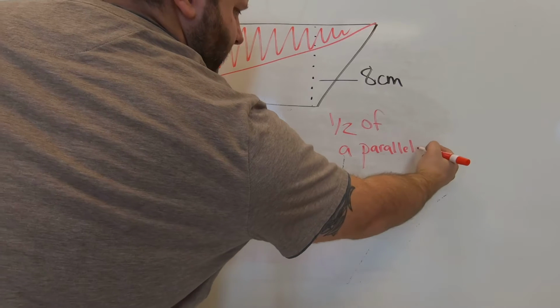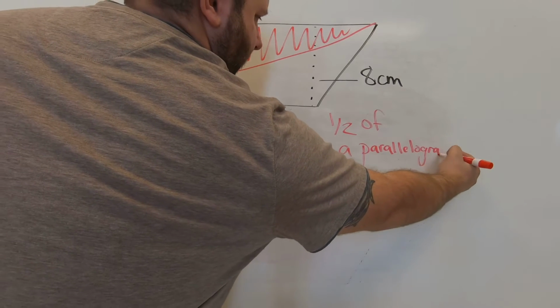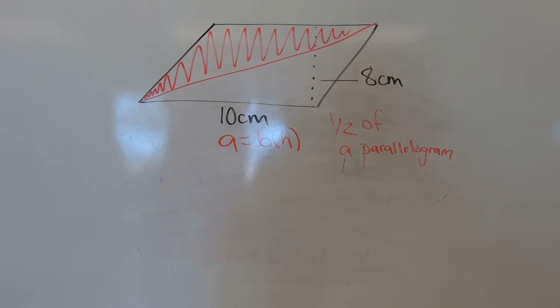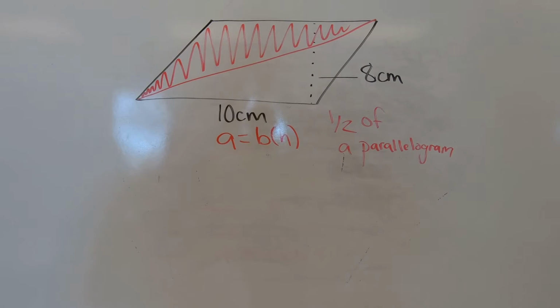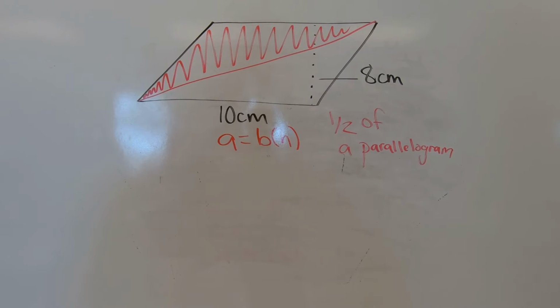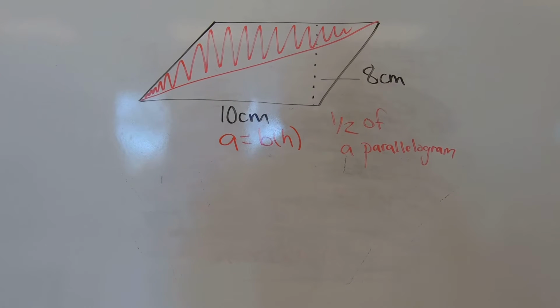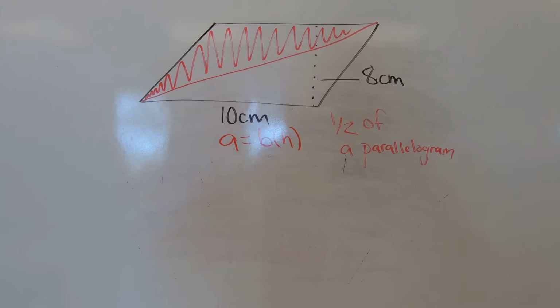That means if I find the parallelogram, half of it would be a triangle. We already know how to find the area of a parallelogram: base times height. So all we need to do to find the area of a triangle is find the base times height and cut it in half, or divide it by 2, because we're looking for a triangle, which is half of a parallelogram.